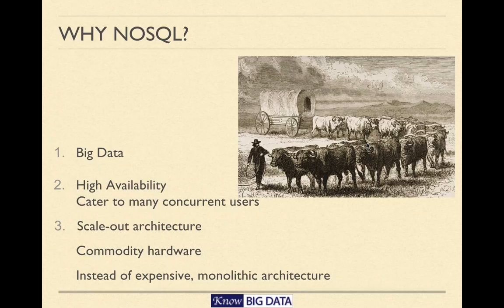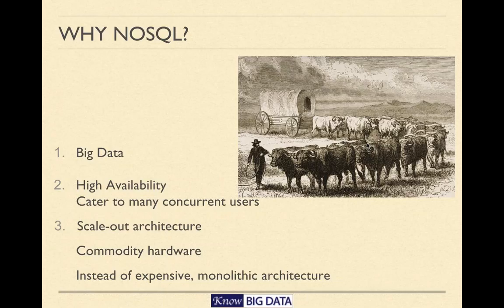And when we say scale out architecture, if for scaling out you use really high end hardware, it does not make sense. So generally, whenever any software says that, hey, I have a scale out architecture, it generally means that commodity hardware is welcome.